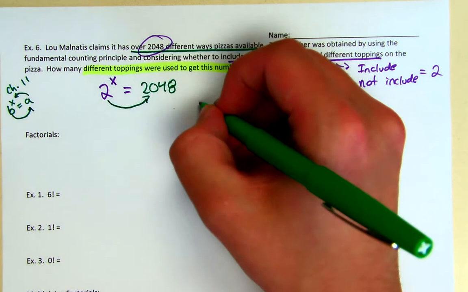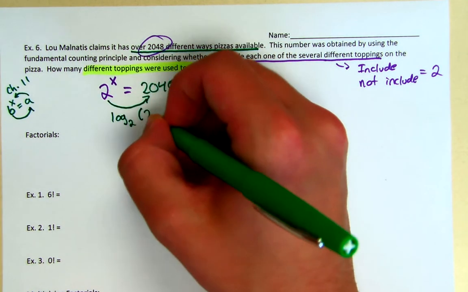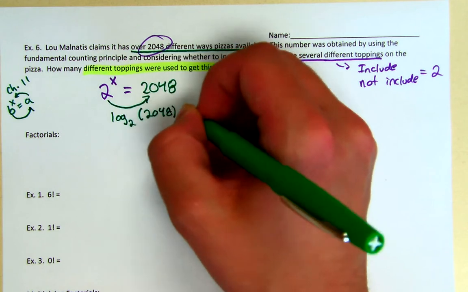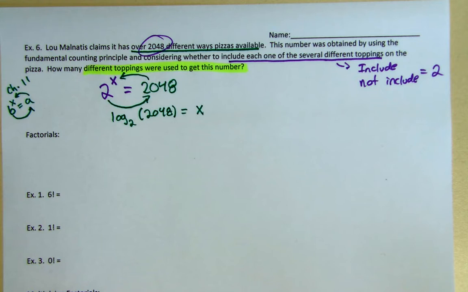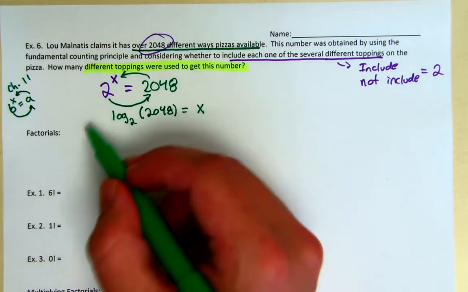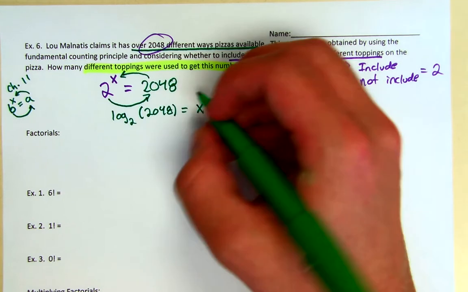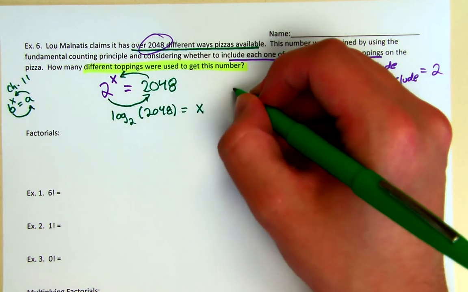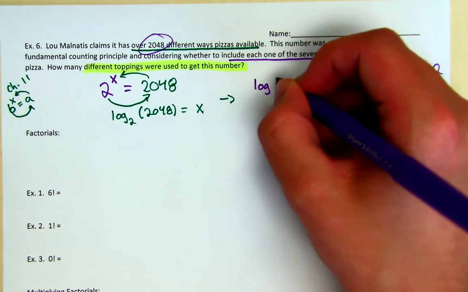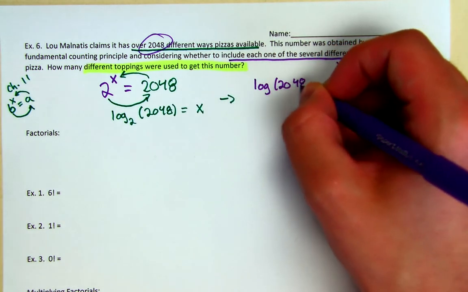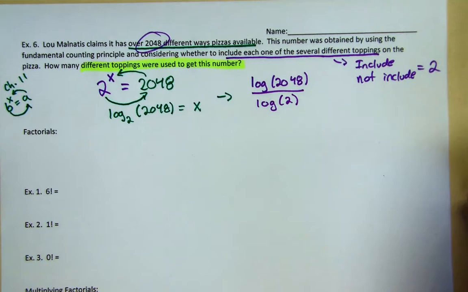Base, so log base 2 of 2048 equals your exponent. Now, some of your calculators can do this offhand, but not every single one can. So remember that we need to sometimes do change of base. So what does this become? It becomes log of 2048 over log of 2.